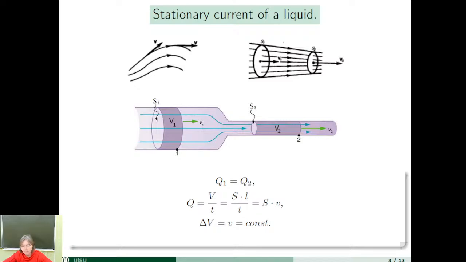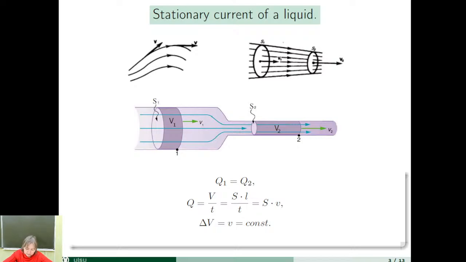And delta V is equal to v multiplied by S, area, is equal to constant. The parity expresses the continuity equation of flow filament.